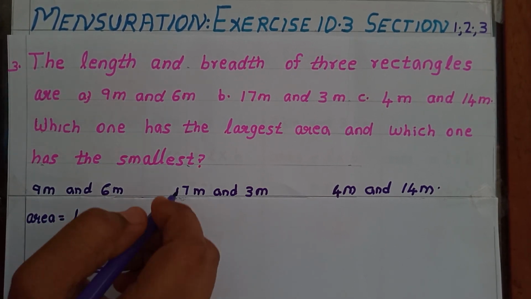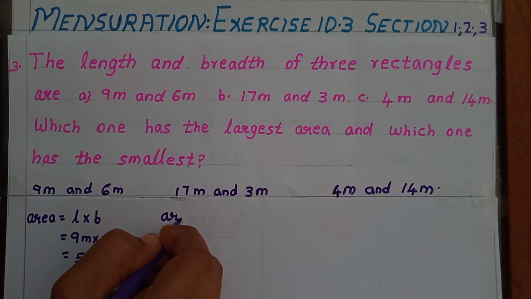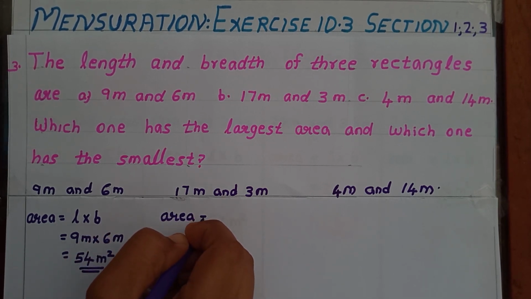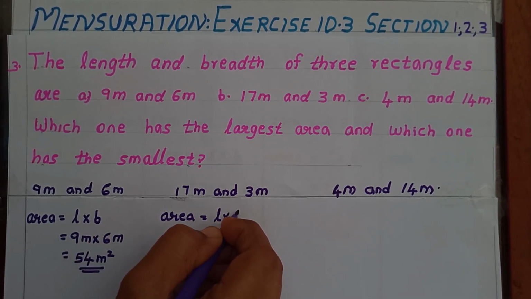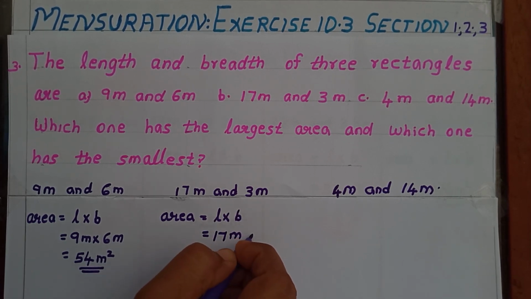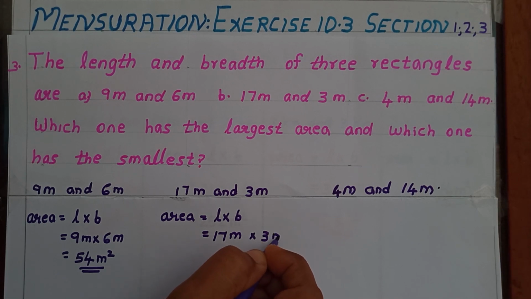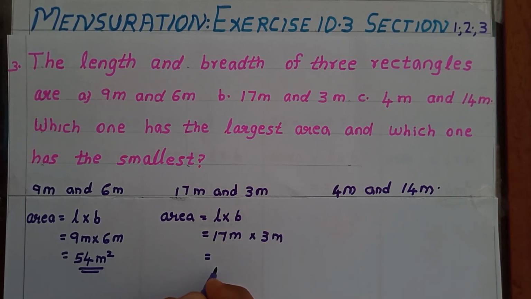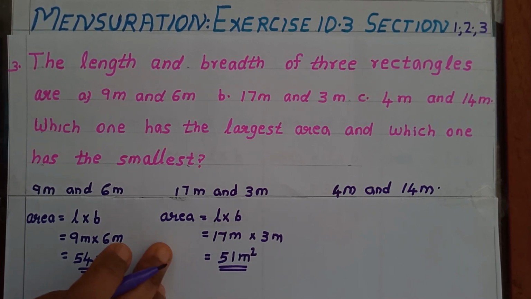For the second one, area equal to length into breadth equal to 17 meter into 3 meter, 17 into 3 will be 51, and unit is meter square. Don't make mistakes while writing the units of area and perimeter.